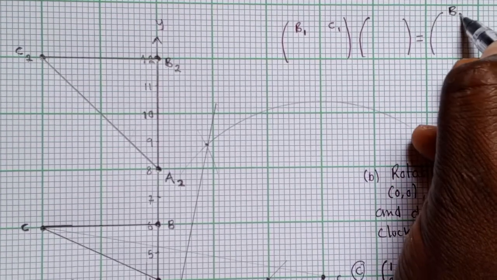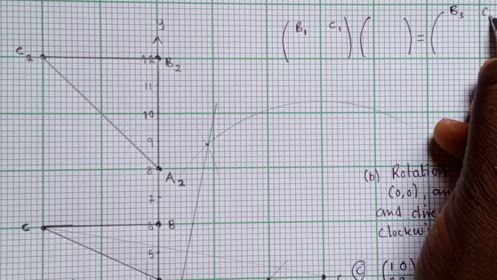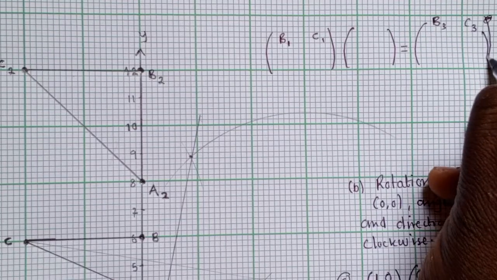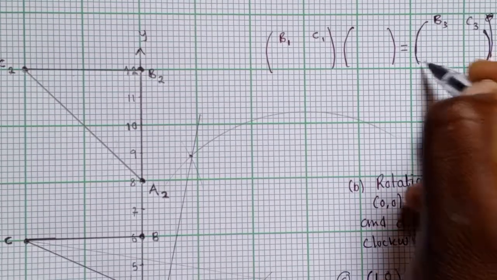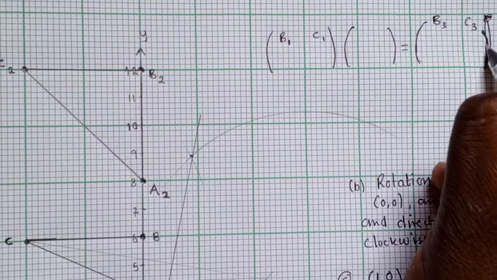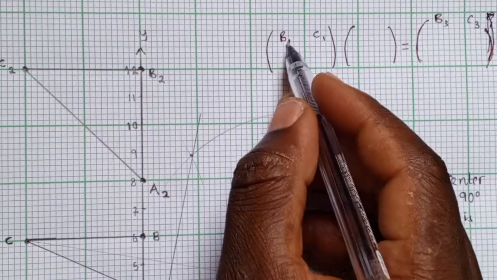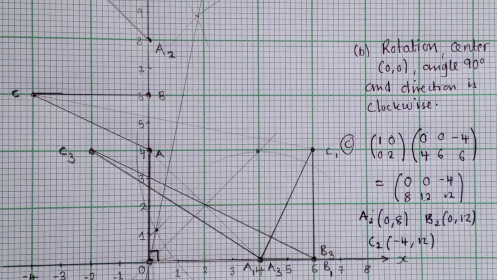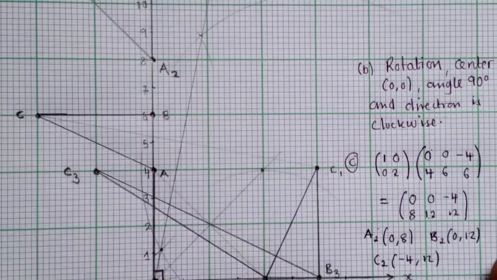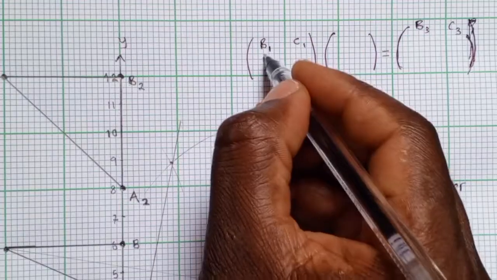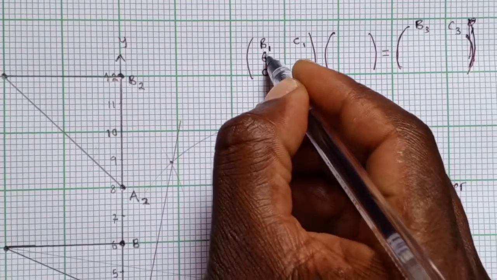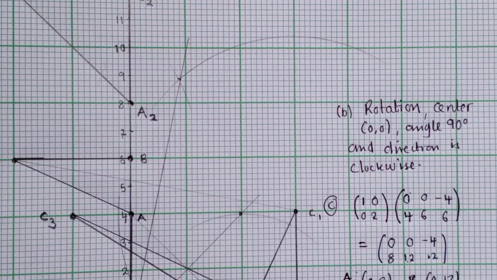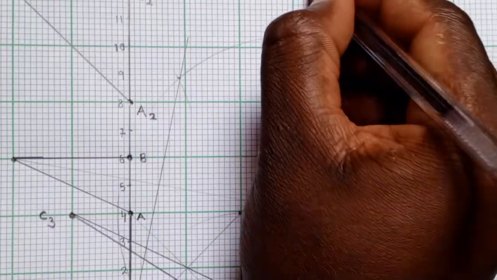So this is the concept, the idea which is needed right here. Let's check the coordinates on B1. B1 is (6, 0). And then C1 is (6, 4).